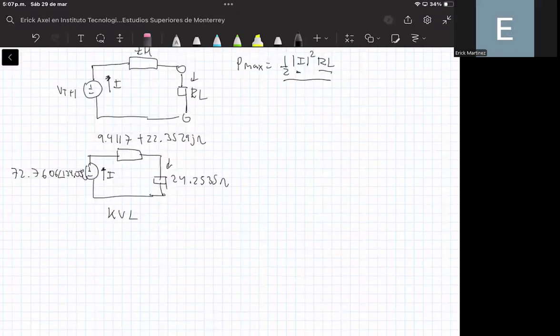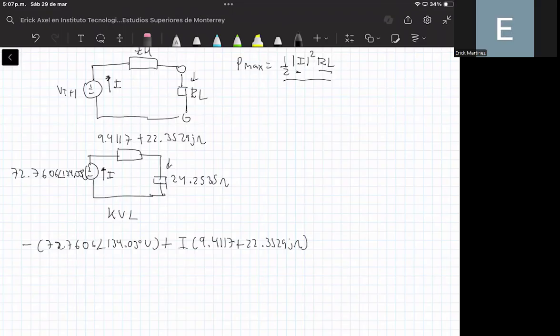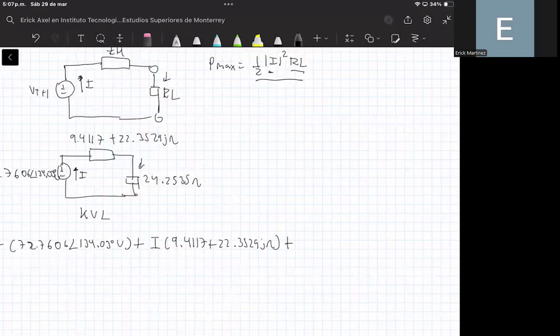Since the current is flowing from the negative to the positive direction, we have minus 72.7606 with an angle of 134.03 degrees volts plus the value of the impedance, that is I times 9.4117 plus 22.3529 j ohms, plus I times the value of the resistor, that is 24.2535 ohms, and this is equal to 0.